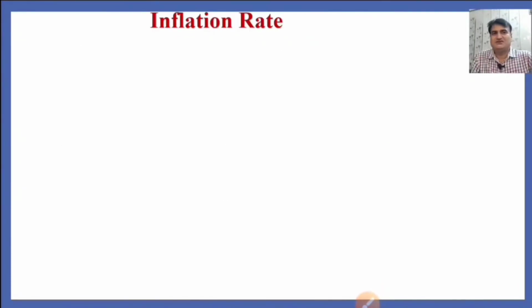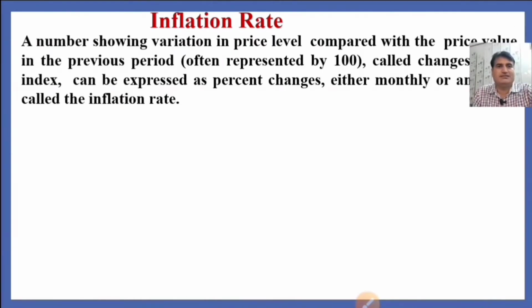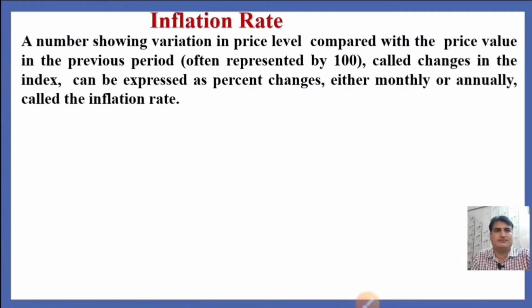What is the inflation rate? It is a number showing variation in the price level compared with the price in the previous period, often represented by 100 and called the change in the index number. It can be expressed as percent change, either monthly or annually, called the inflation rate.